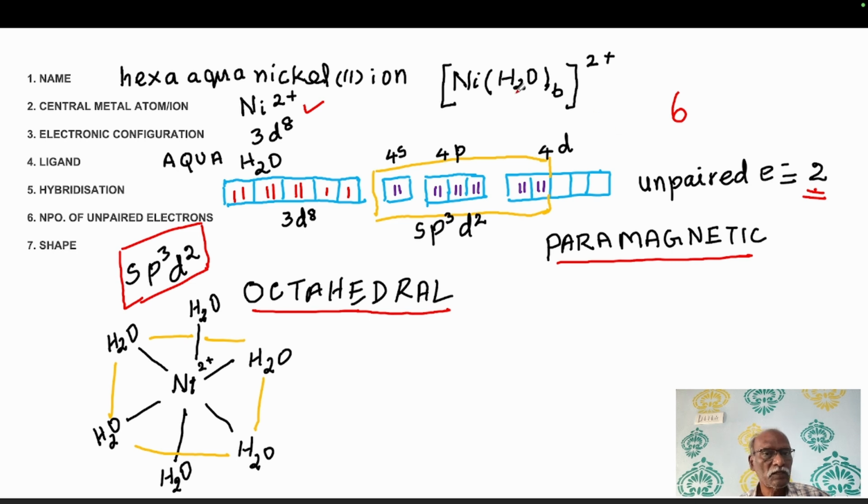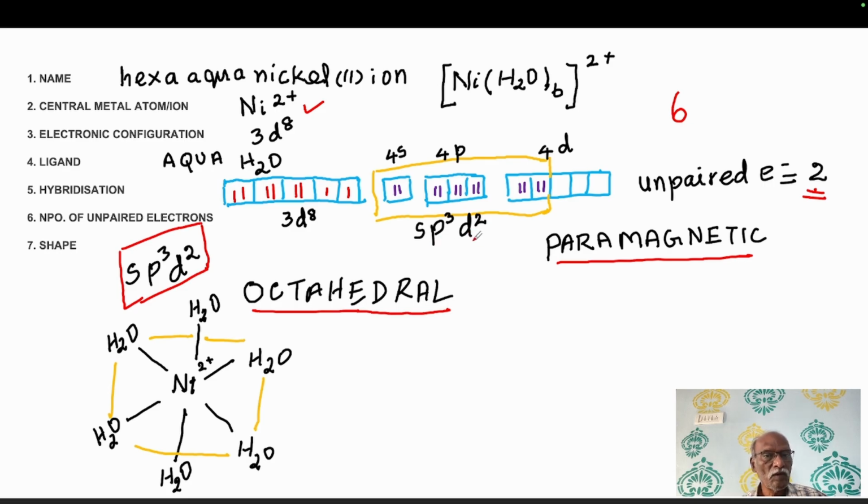So what are the things we will have to remember about this compound? Hexaaquanickel(II) ion has coordination number 6. Central atom is nickel 2 plus ion. The ligand is aqua, water. The hybridization is sp3d2.